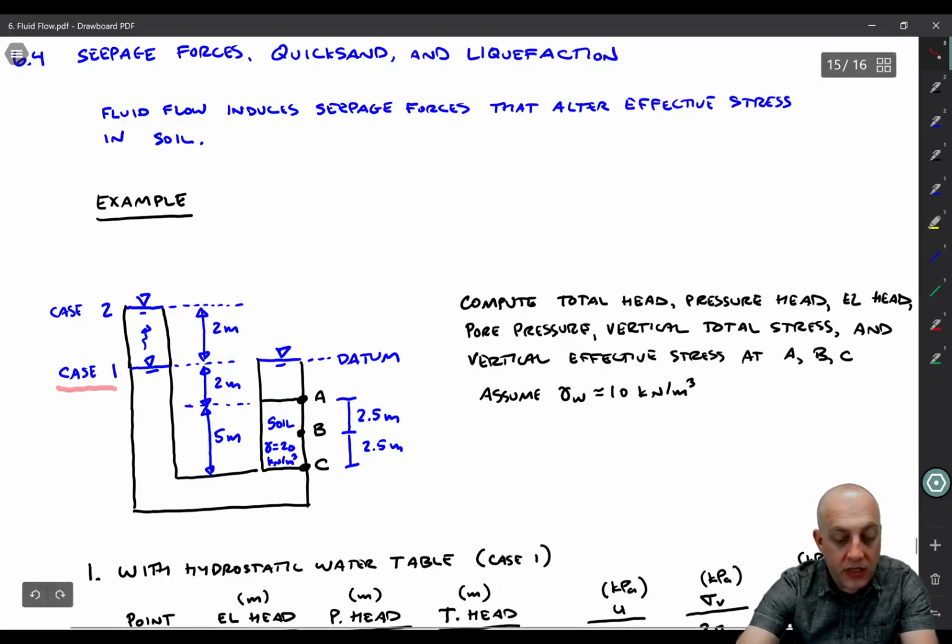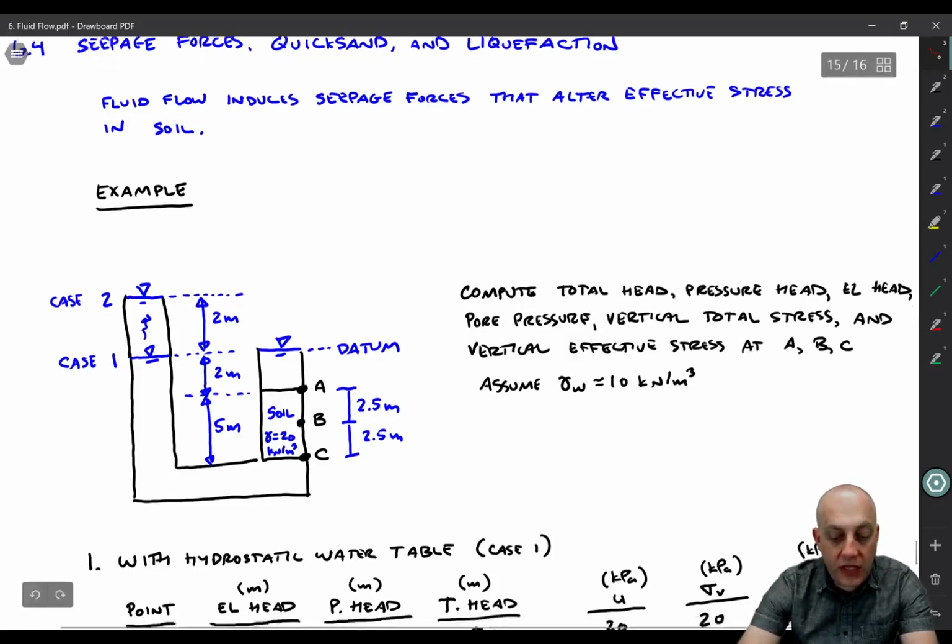Case one has the water right at the same level as on the right side. The left side and right side are the same. Therefore, it's hydrostatic. There's no flow going on here because there's no hydraulic gradient through the soil. Then we're going to solve for case two, which is where the water gets raised up 2 meters on the left side. So let's do case one first.